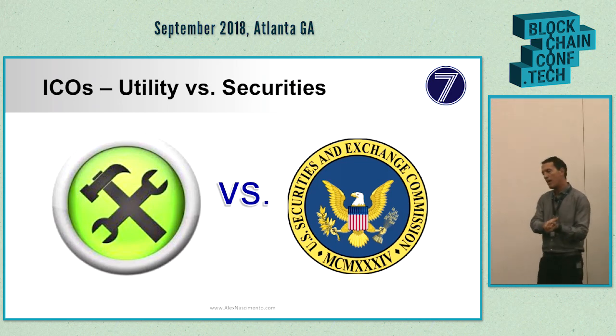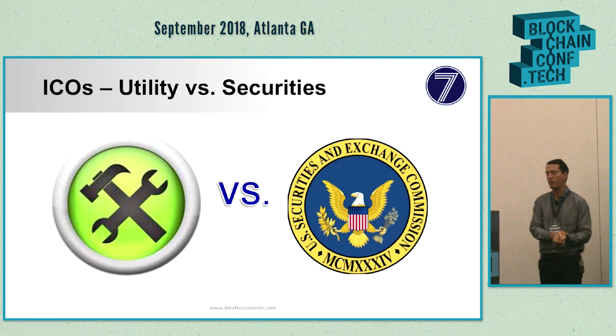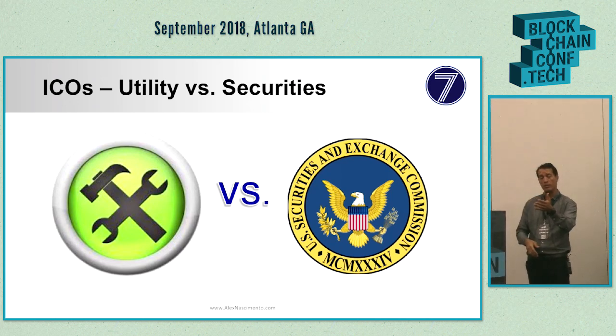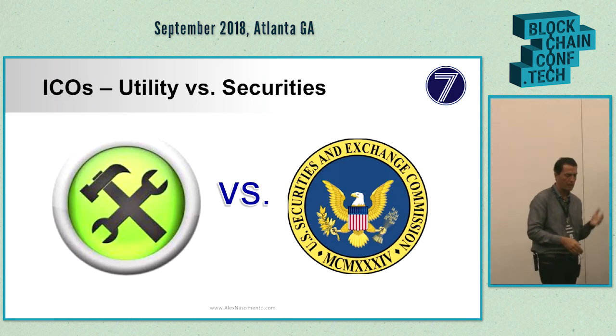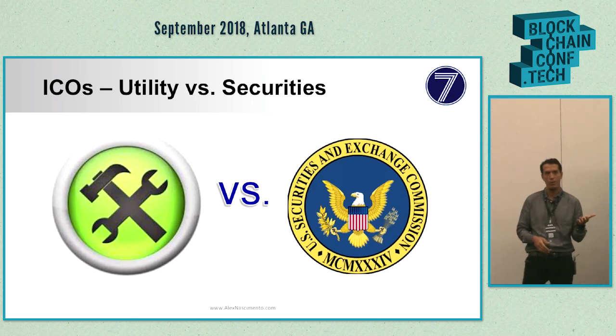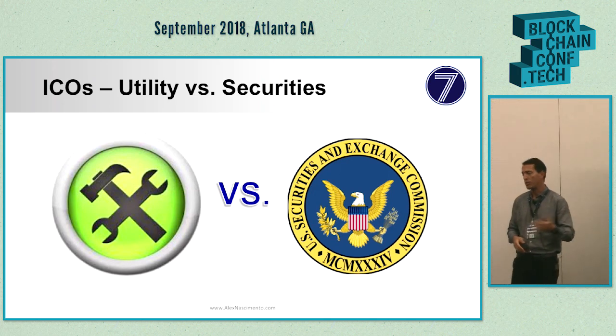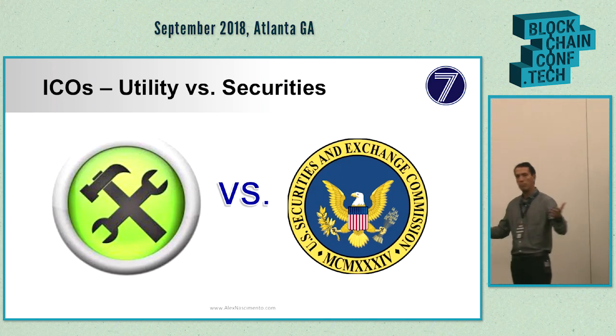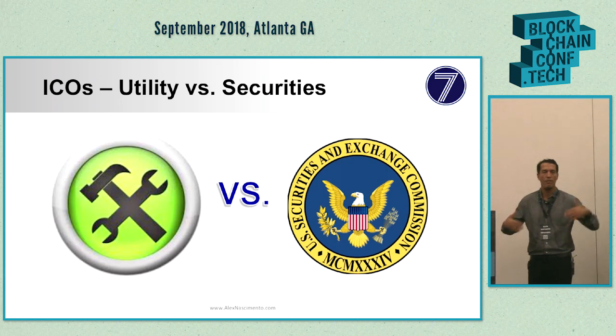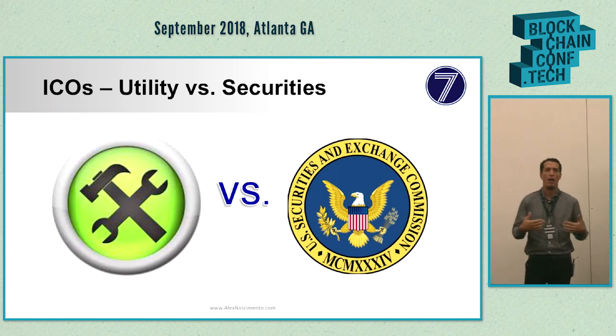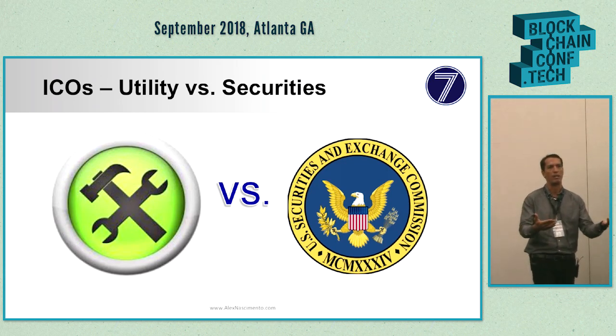So they broke down the system into 2 types of tokens, utilities and security tokens. My research at UCLA is mainly focused on security tokens, and I'm a big believer that security tokens are the future, because if I'm going to get into a contract, if I'm going to invest in a startup, I want to make sure that that's regulated.